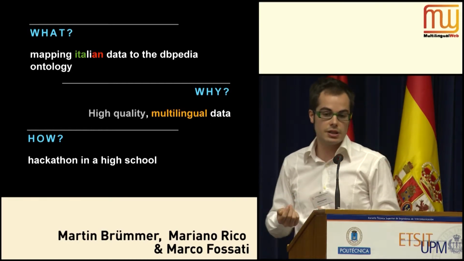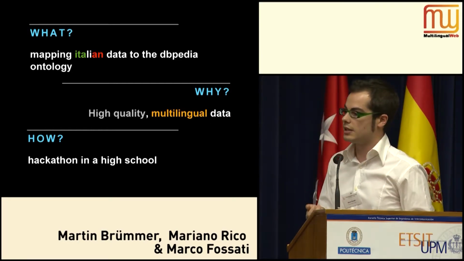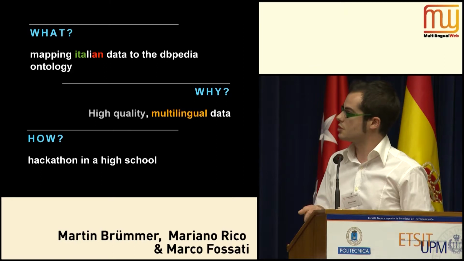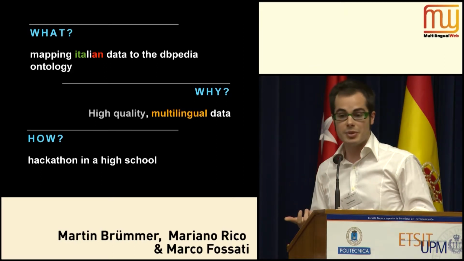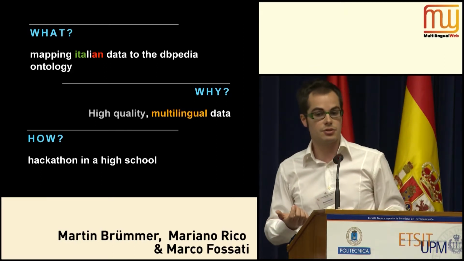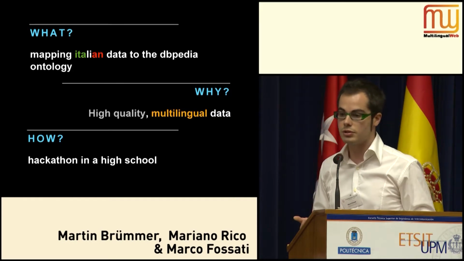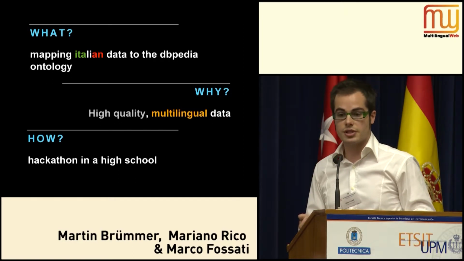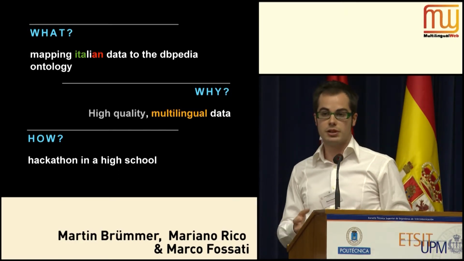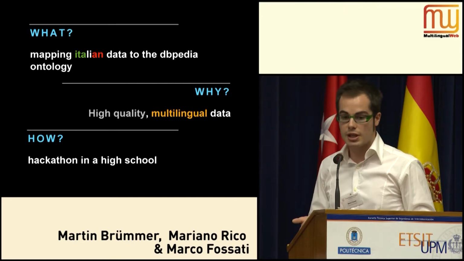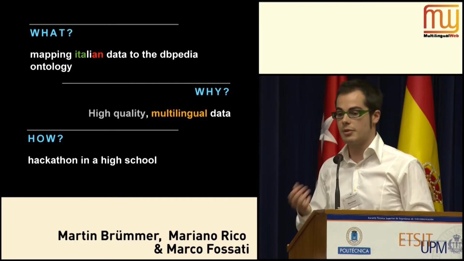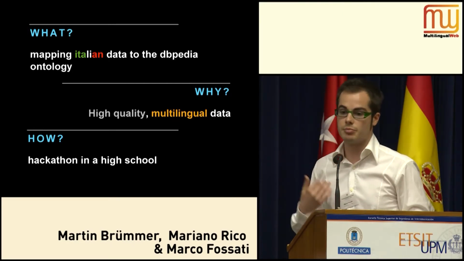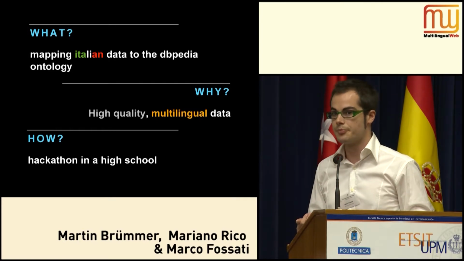The former data is language and culture specific, while the DBpedia ontology aims at representing the whole world of all Wikipedias in all languages. Hence, the ontology serves as some kind of multilingual glue and homogenizes the data coming from the different chapters and improves the data quality in general.